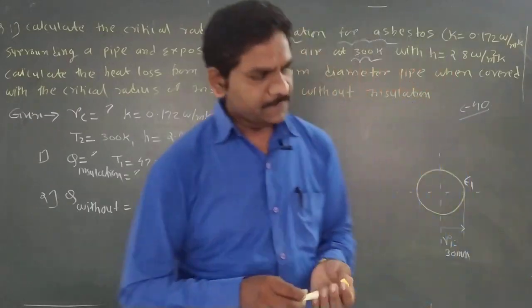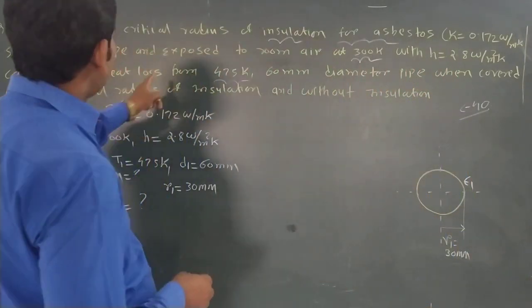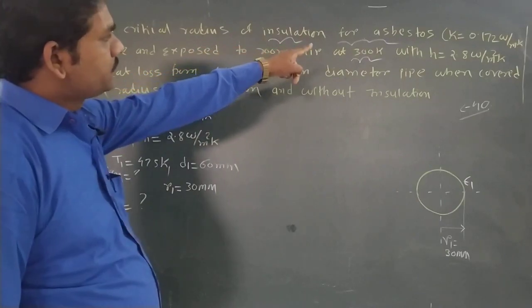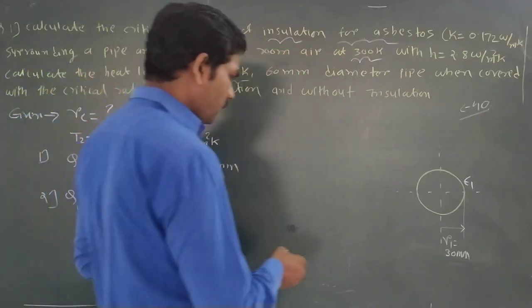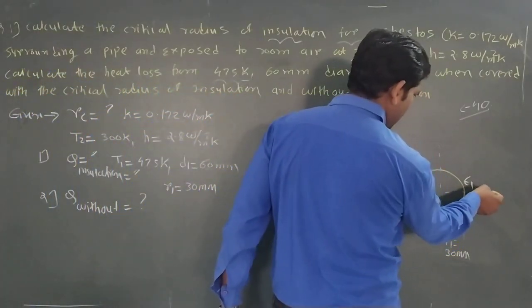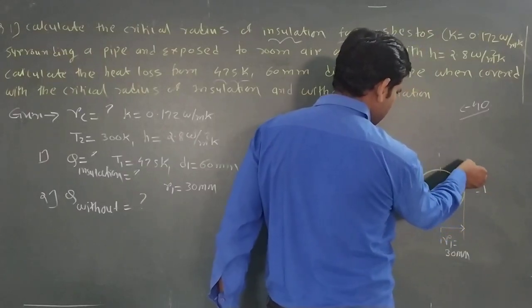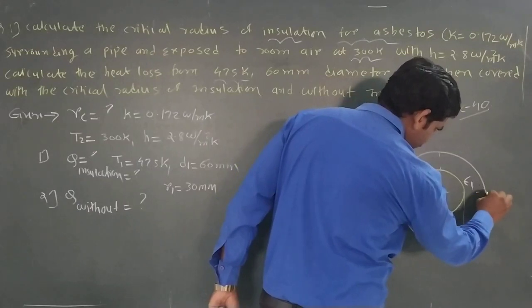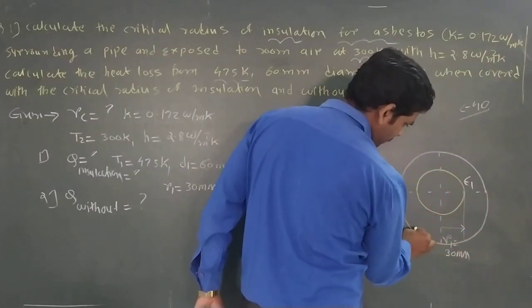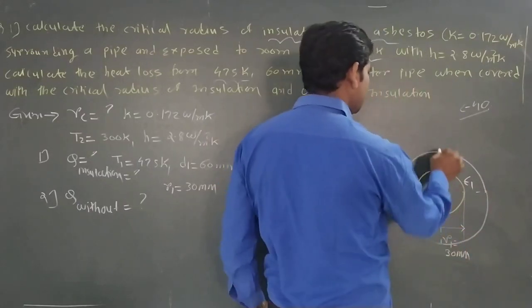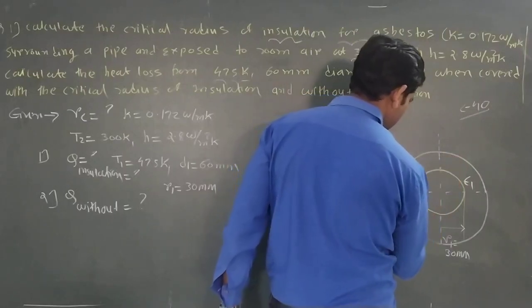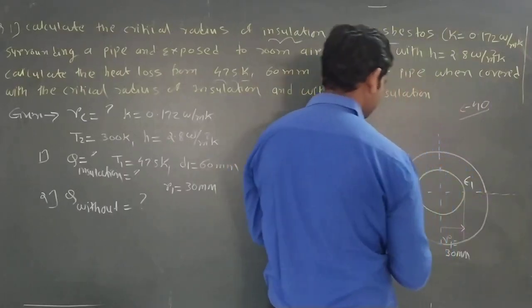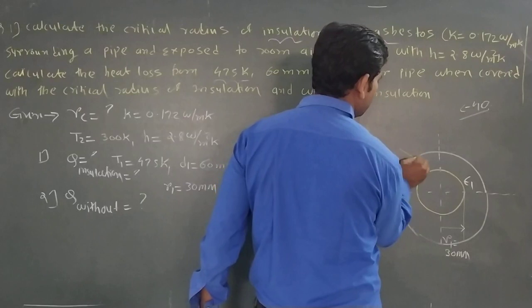Okay. So, see here, calculate the critical radius of insulation for asbestos. So, we have to provide the insulation, which one? Asbestos material is here. So, I draw another insulation layer. So, this is the asbestos insulation layer.